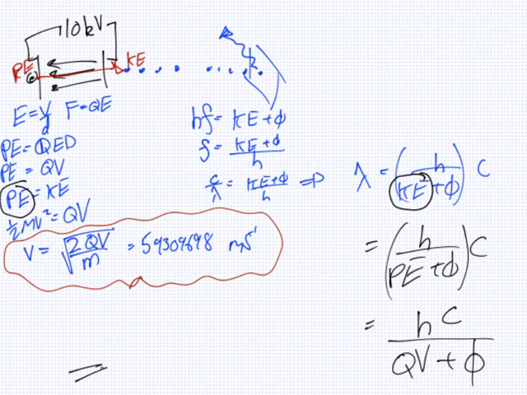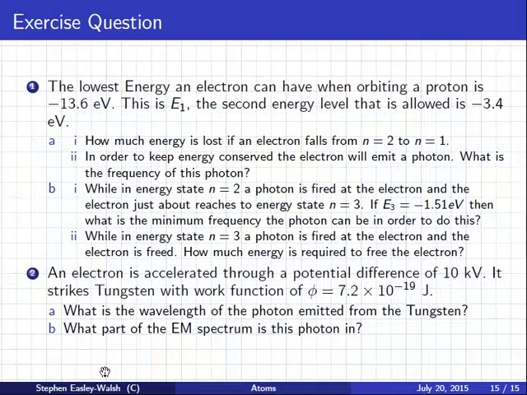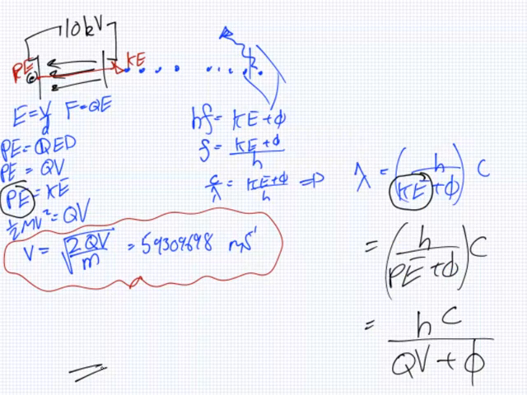And what's the work function, did I say? 7.2 times 10 to the minus 19. You get a tiny wavelength, 0.124 nanometers. Goodness, that's tiny.